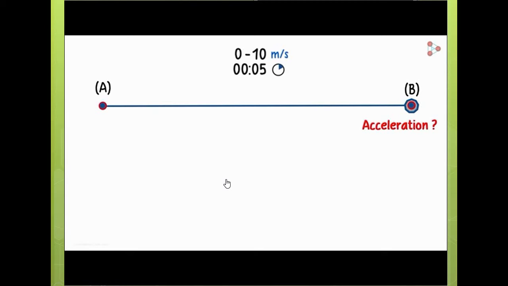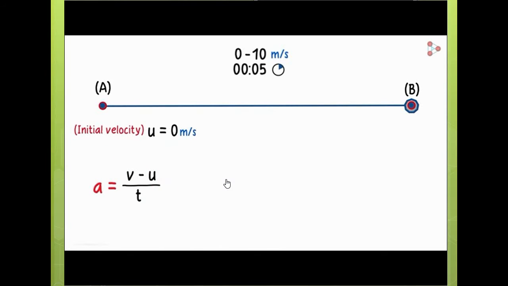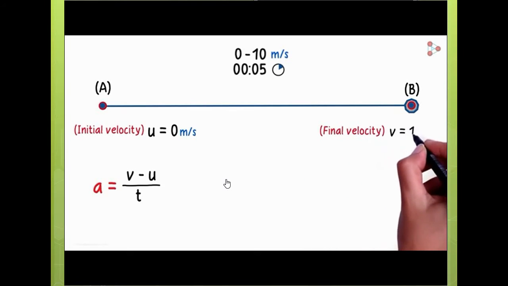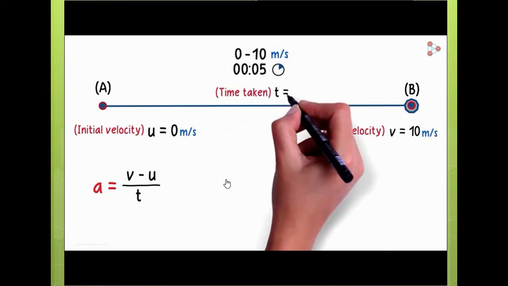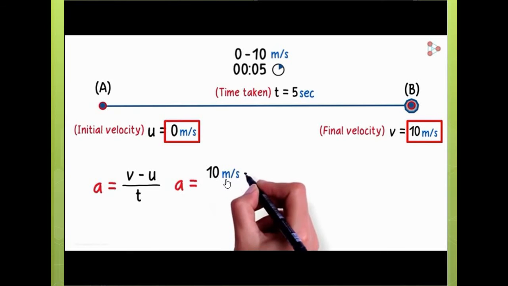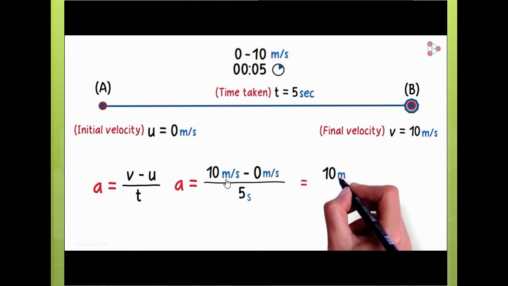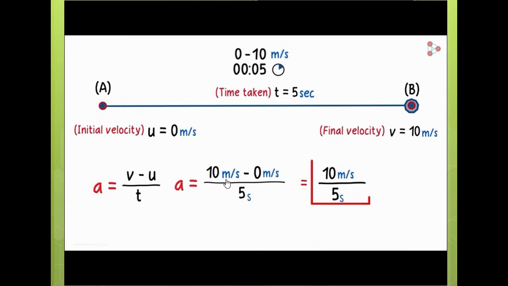What will be the acceleration here at point B? We can look at the formula to get the answer. The initial velocity u is 0 meters per second as the object is stationary. The final velocity v is 10 meters per second and the time taken t is 5 seconds. Hence the acceleration a will equal 10 meters per second minus 0 meters per second divided by 5 seconds. So this will equal 10 meters per second divided by 5 seconds. 10 divided by 5 is 2. Wait, hold on. What will be the units of acceleration? We should get a hint by looking at this.